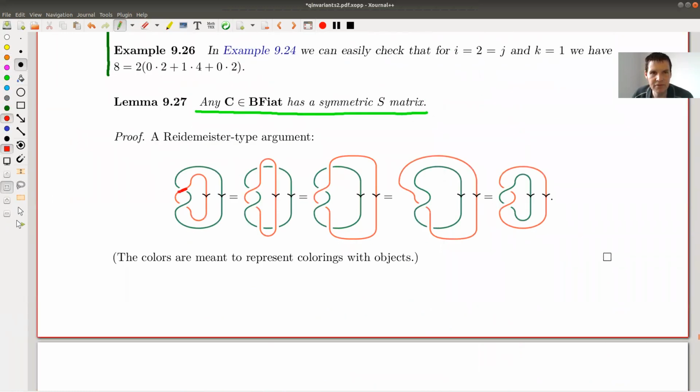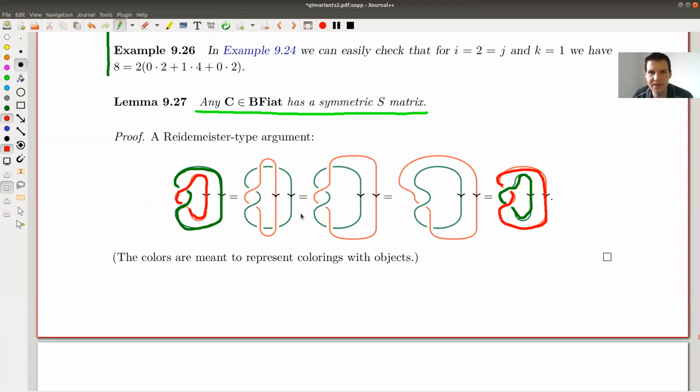So here I have my two colors. One of them is whatever, red. The other one is green. And I want to go here where green is in the middle and red is on the outside. And if those two would be equal, then that's what is called symmetric, right?